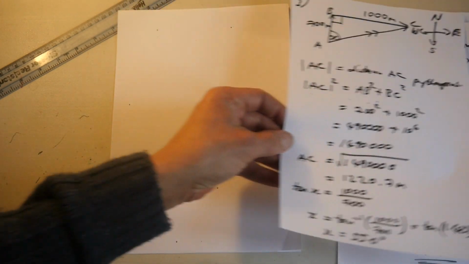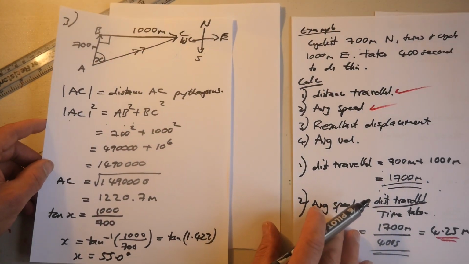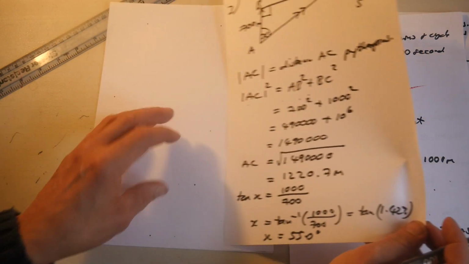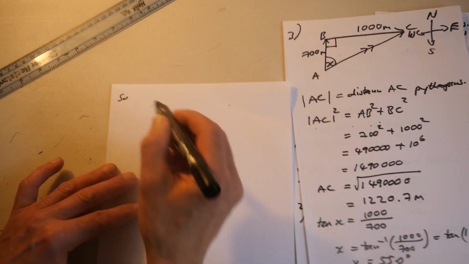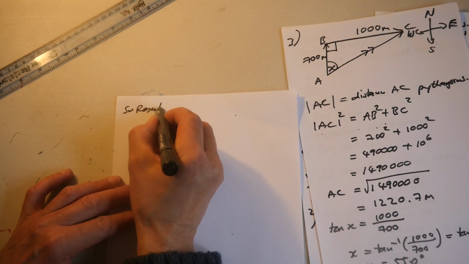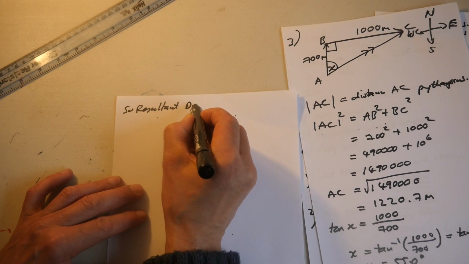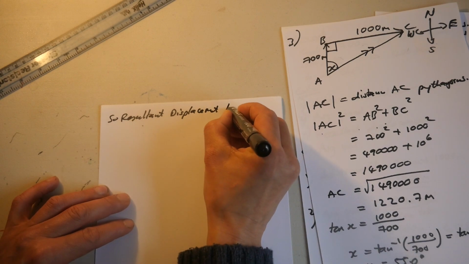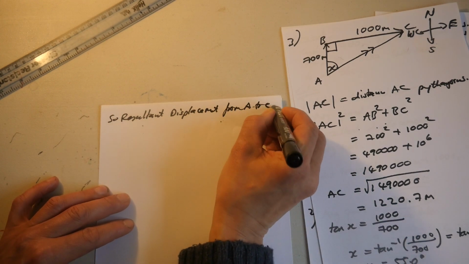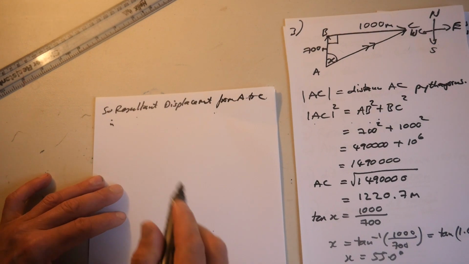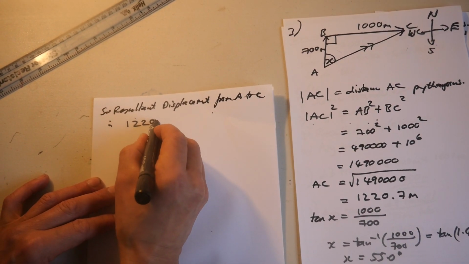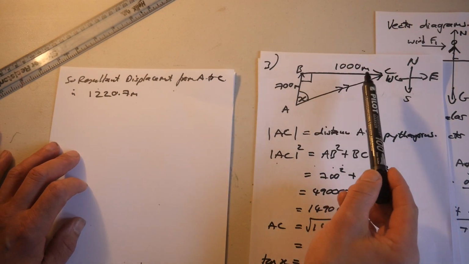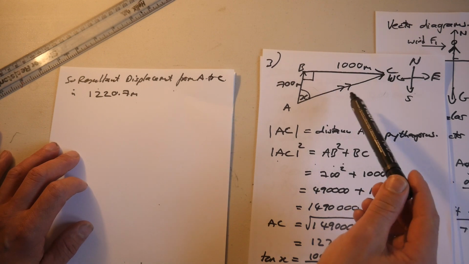So that's the resultant displacement. The resultant from A to C is 1220.7 meters, which is east of north.